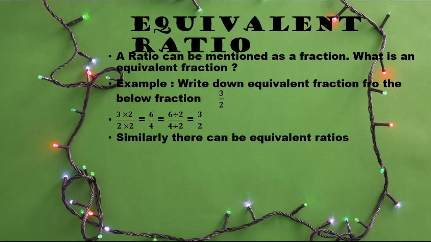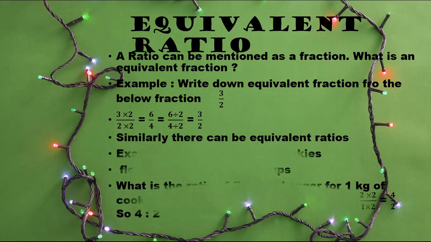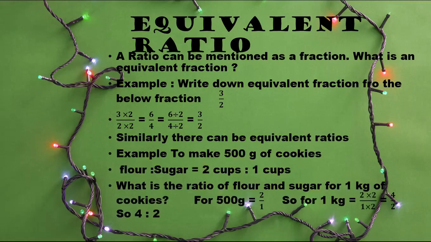Similarly, there can be equivalent ratios. For example, if we have to make 500 grams of cookies, the ratio of flour to sugar is 2 cups ratio 1 cup. So what is the ratio of flour and sugar for 1 kg of cookies? We know that for 500 grams, the ratio was 2 ratio 1.